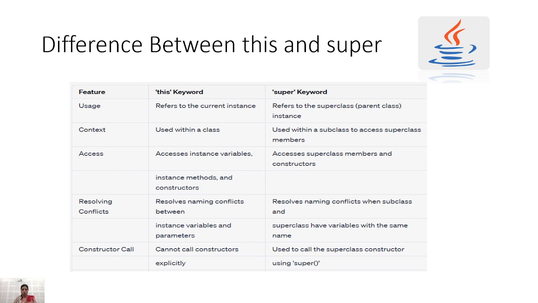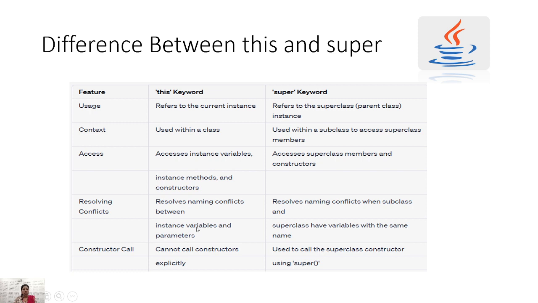But if I want to refer to the variable in the superclass, I use super dot that variable name. Got that? This can access the instance variable, instance method and constructor, while the super keyword accesses superclass members and constructors.